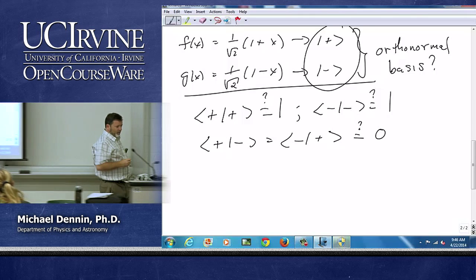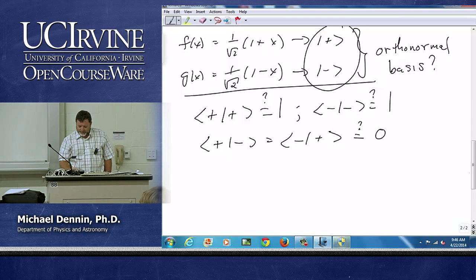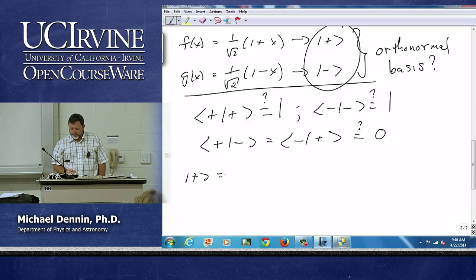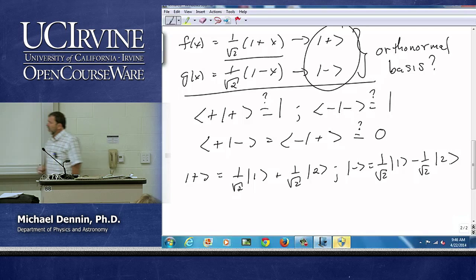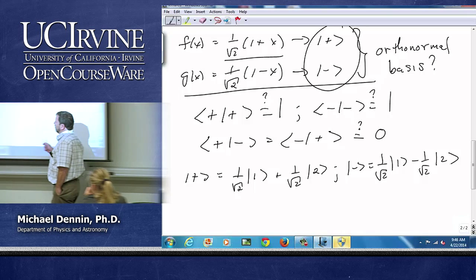Now, since we're working in bras and kets, I need to know how to translate plus into bras and kets. Well, it's this function, which is just 1 over root 2 times my first basis vector plus 1 over root 2 times my second basis vector, and minus is 1 over root 2 times the first minus 1 over root 2 times the second. I'm going to let you do the details of plus plus.